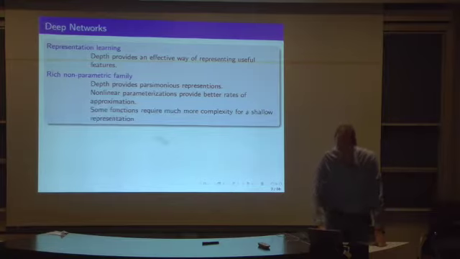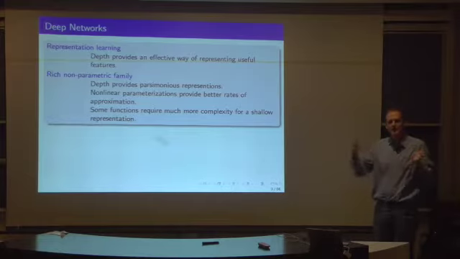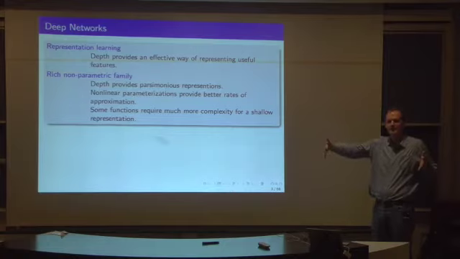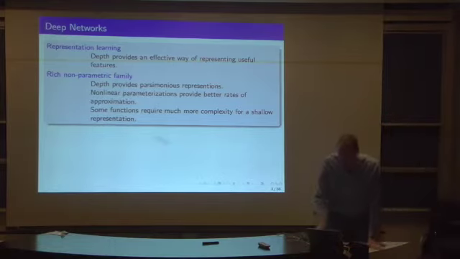And there's been quite a bit of recent work where you can come up with specific functions where you can show that representing the function as a composition of a certain depth is somehow easy. Go to something that's a shallower representation, and you need exponentially more complexity to represent those. So the depth is certainly providing us with something in terms of how rich the functions are that can be represented with a small number of parameters.